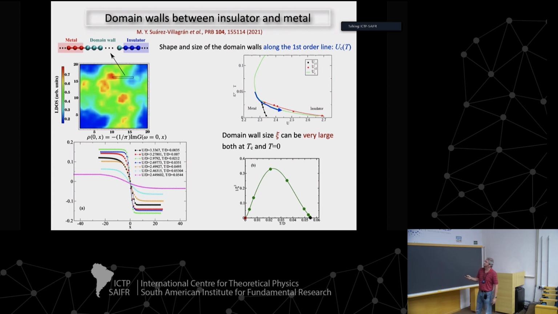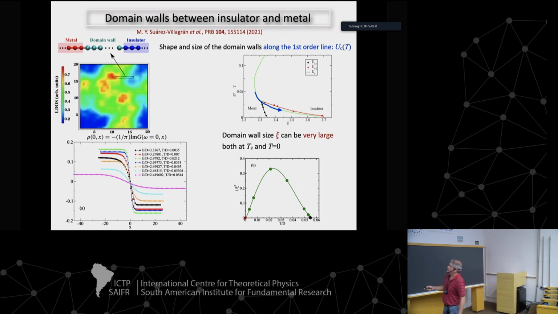And within this triangle, both solutions coexist. Of course, they have the same free energy only along the green line, but they are local minima of the free energy inside this triangle. So you can fix, as I said, insulating behavior on one side, metallic behavior on the other side, and look at what happens in the middle.